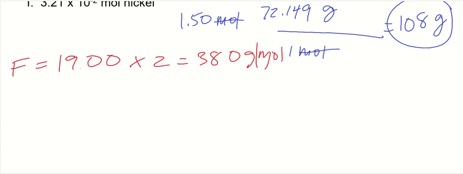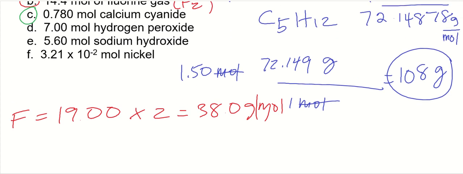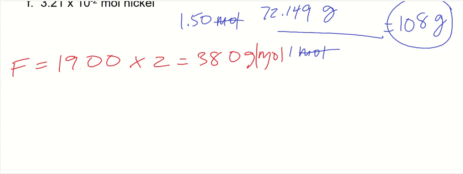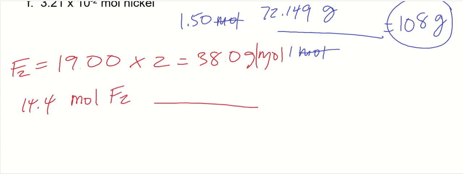All right, so what are we starting with? 14.4 moles of fluorine gas. Get rid of moles, put that on the bottom. Put grams on the top, 38.0 grams on the top. Moles cancel out.